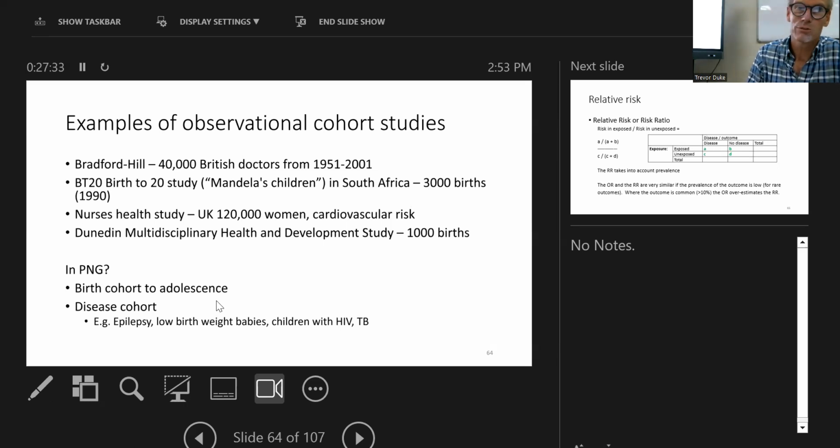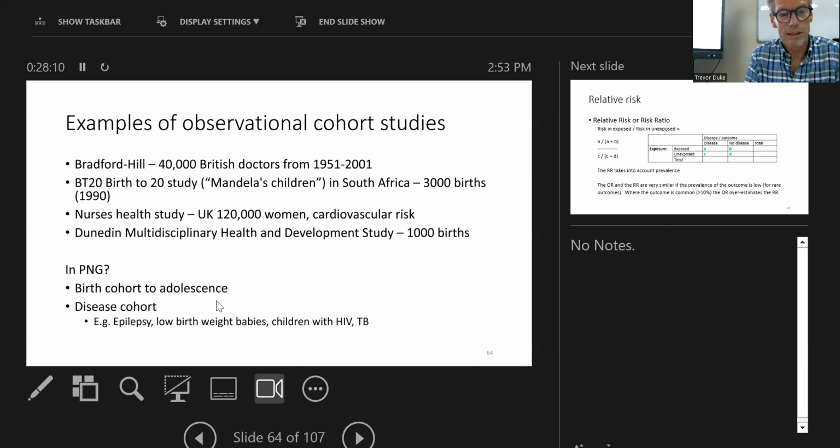So they launched this study called Mandela's Children, and that has yielded a lot of information about really what happens to children in South Africa in those times, in terms of disease, in terms of social outcomes, economic prospects, that sort of thing. So that sort of study is really, really useful. They studied these babies born in 1990 for 20 years. So it finished in 2010, and I think it was quite a useful study.